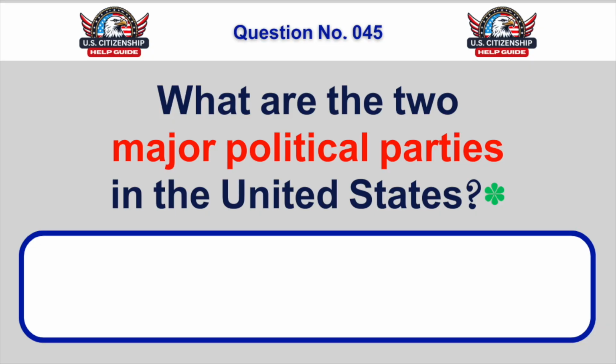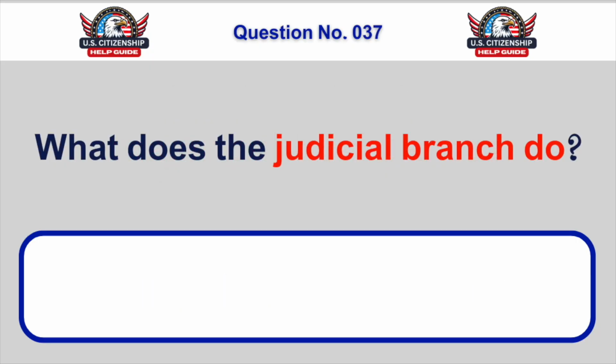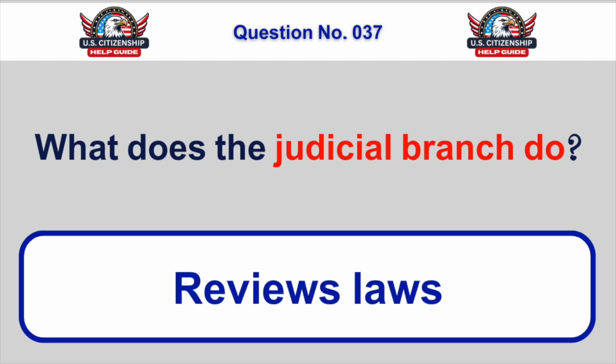What are the two major political parties in the United States? Democratic and Republican. What does the judicial branch do? Reviews laws.